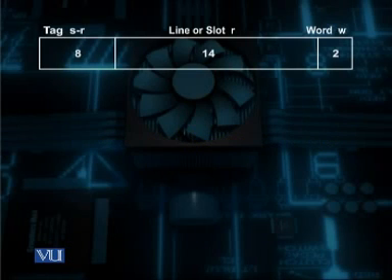Here you can see the physical memory address, which in this example is 24 bits. These 24 bits are divided into 3 fields, namely the word field, the line or slot or index field, and the tag field. The word size is 4 bytes in this case.